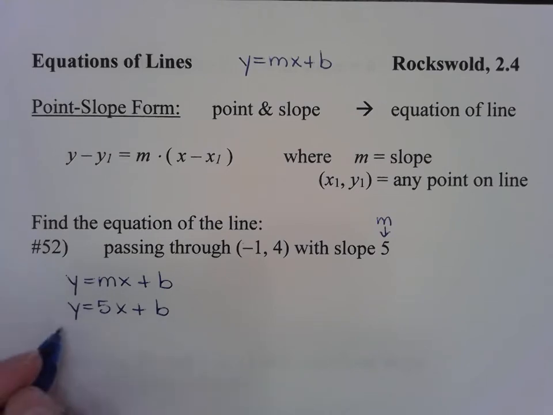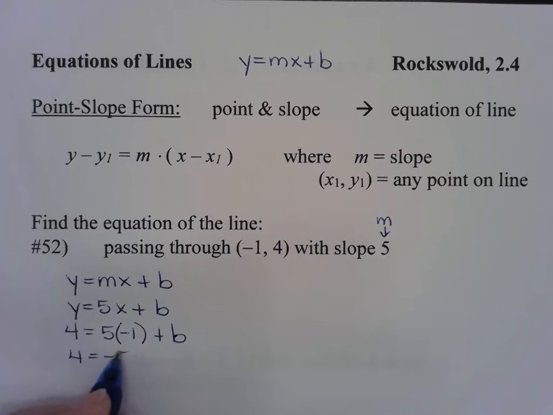So let's go ahead and do that. I'm going to put in 4 for y, -1 for the x. This is going to give me -5. To get b alone, I'm going to add the 5 to the other side.